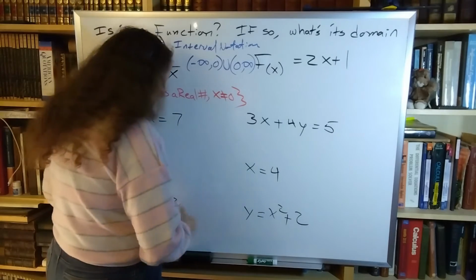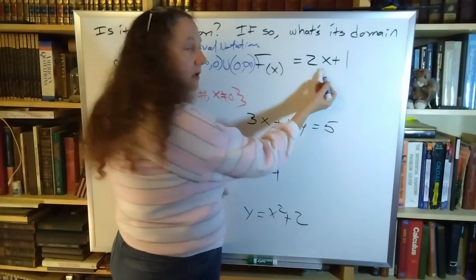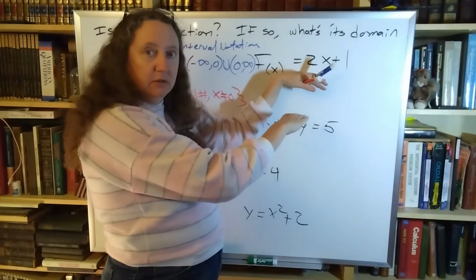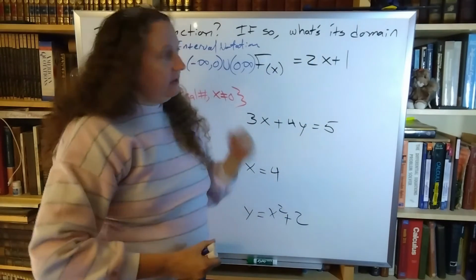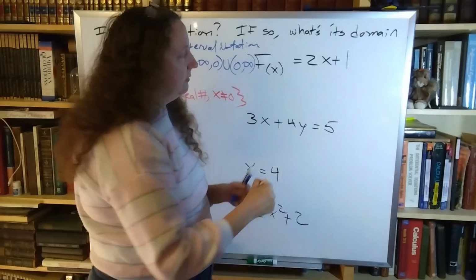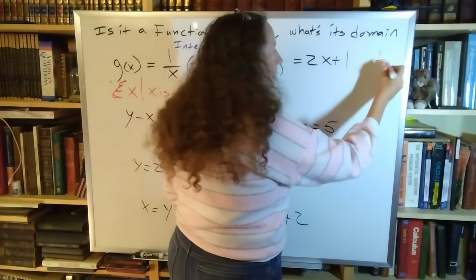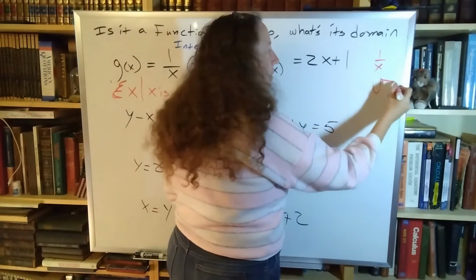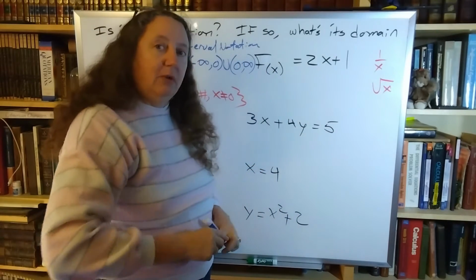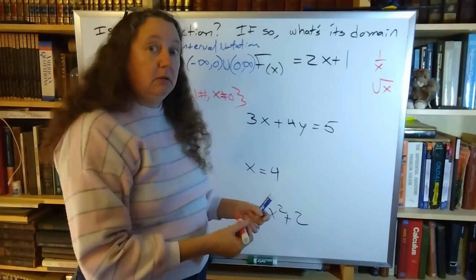So I look at this and I say, x is not in the denominator of a fraction, so I don't have to worry about that. x is not under the square root sign. Is it 1 over x? No. Is it square root of x? No. Is there anything else that would limit it?